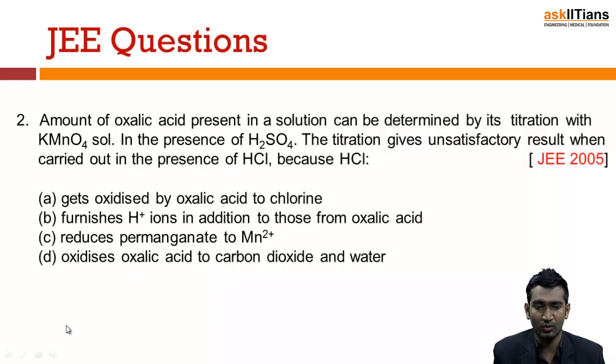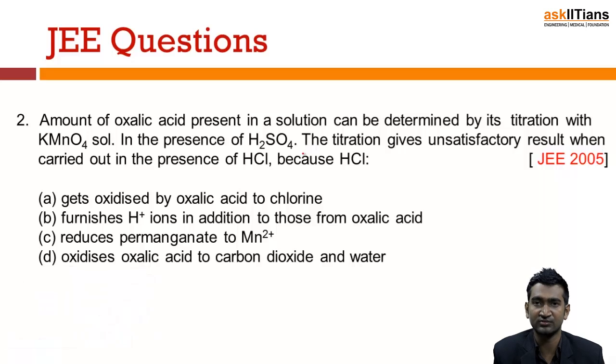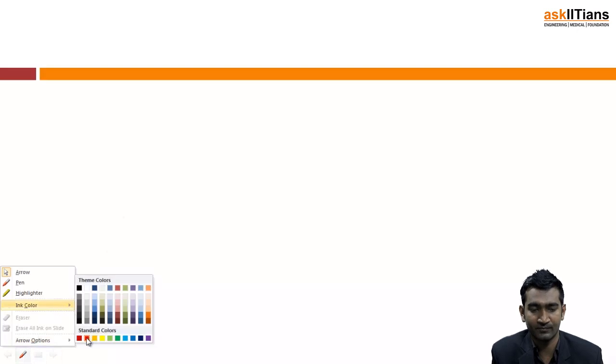Now what was happening earlier when I was taking H2SO4? This was giving me Mn2 plus, but the change was not with the reduction. But whenever you take HCl here, you will observe that MnO4 2 negative plus the H plus ions coming from the HCl will require 5 electrons also.